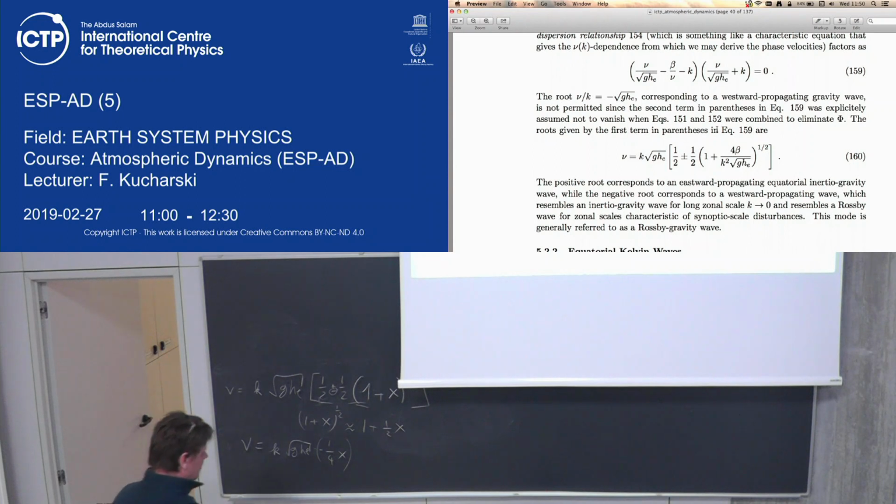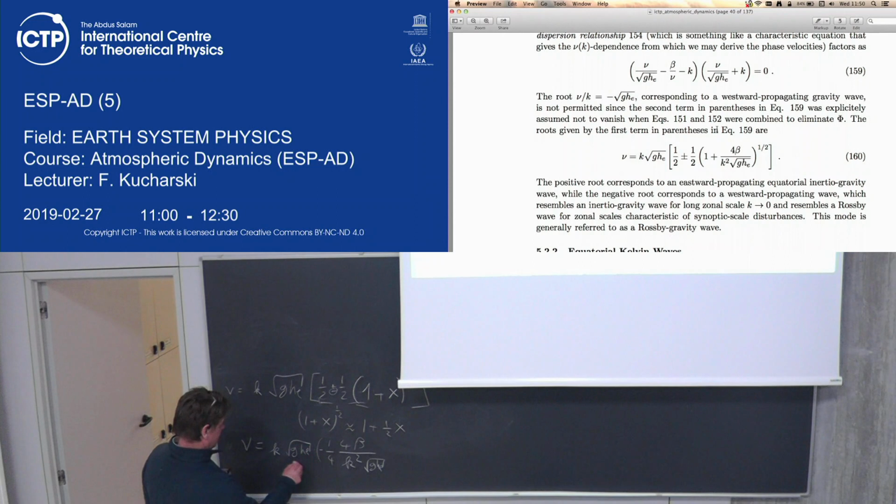So x is now, we replace this here. x is 4 beta over k square root of gh.